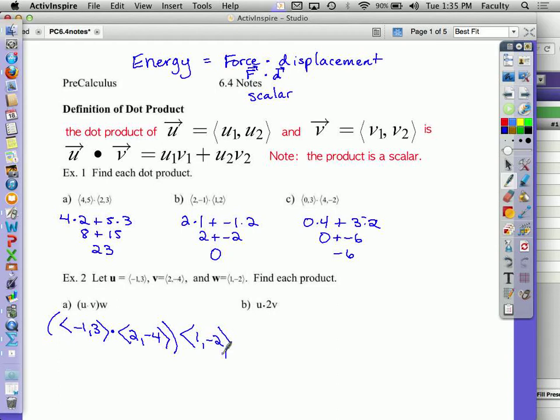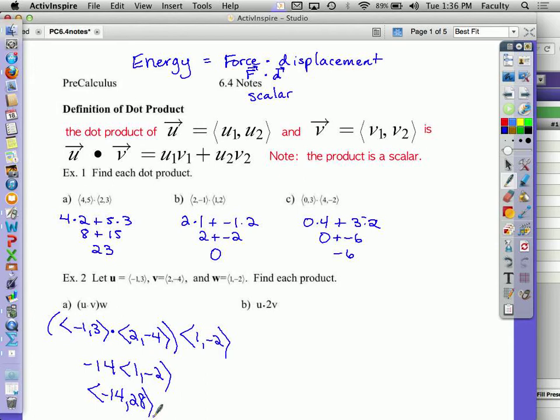Now, if you're getting the hang of it, I can do the dot product in my head, but I was trying to show you how you do it. So this is negative 2 plus negative 12, that's negative 14. Once you get the hang of it, you don't have to show the work for a dot product. And then you're going to multiply the scalar, so you get negative 14, comma 28. Very simple.